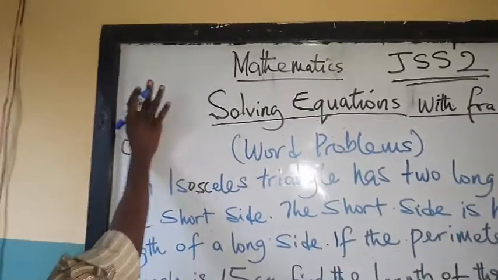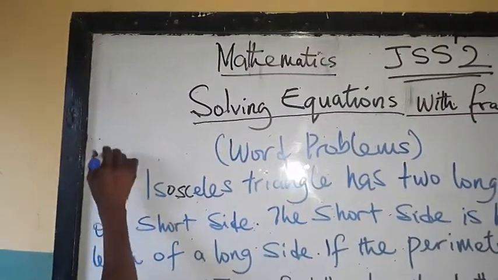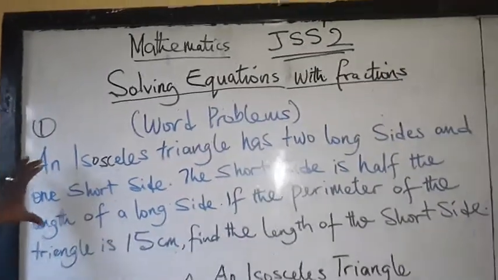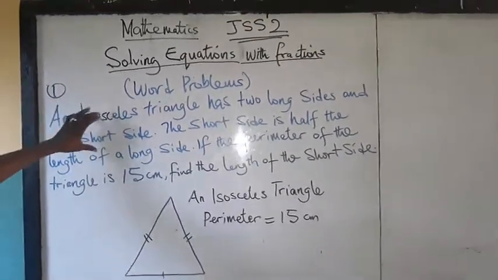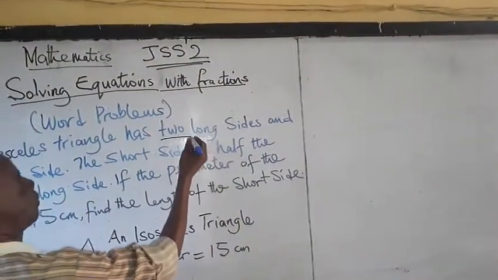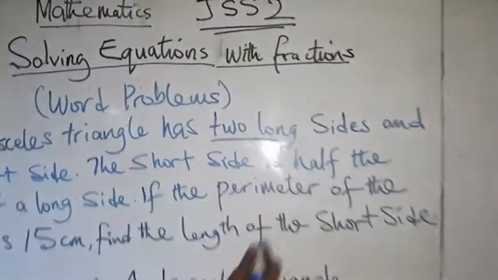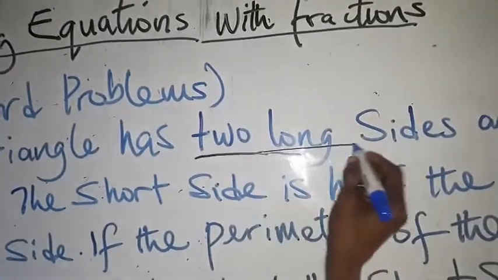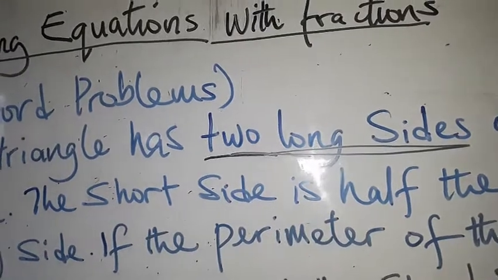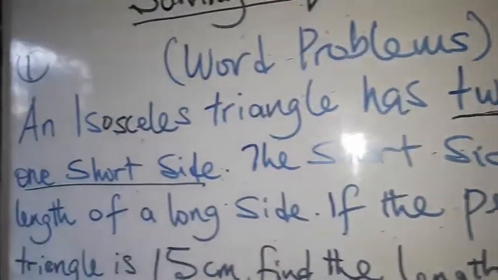This is question 1. Now, the question is, an isosceles triangle has 2 long sides and 1 short side.